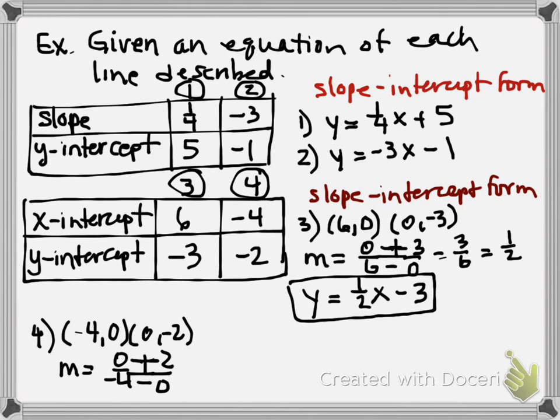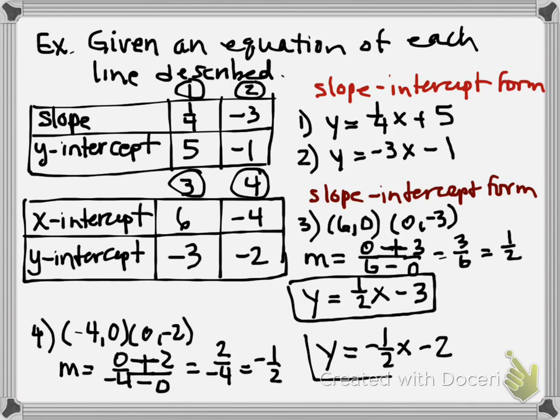So again, I have a double negative on top, so it becomes a plus, and I get 2 over negative 4, which equals negative 1/2. So then I substitute into slope-intercept form, and I get y equals negative 1/2 x, and then the y-intercept was negative 2. So I get negative 1/2 x minus 2.